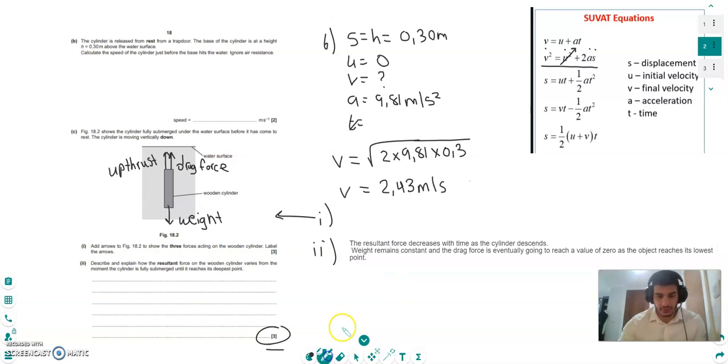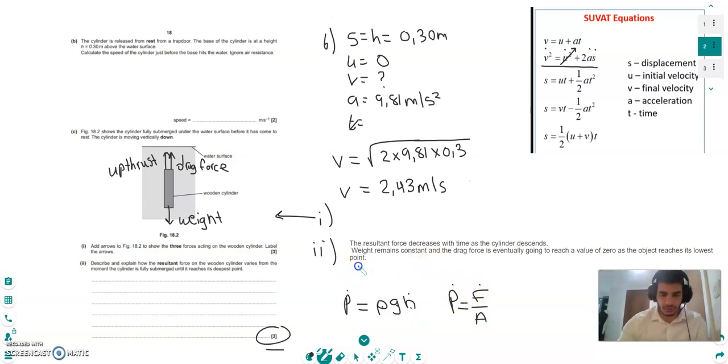If I prove this with a formula, we know that the pressure is equal to rho g h, and the pressure is also equal to force over area. Rho g h: that's the density, gravitational acceleration, and the depth of the object inside the liquid, water or whatever. So we can see that the depth is proportional to the pressure, and the pressure is proportional to the force.